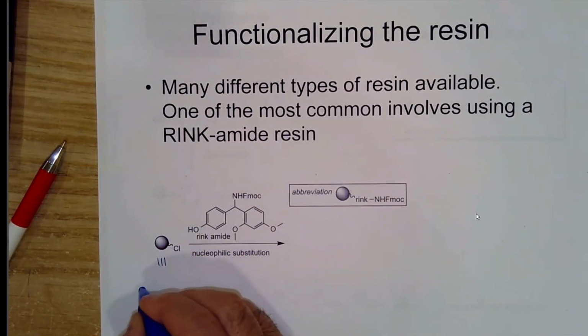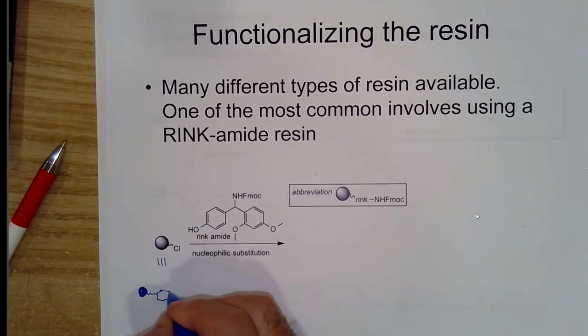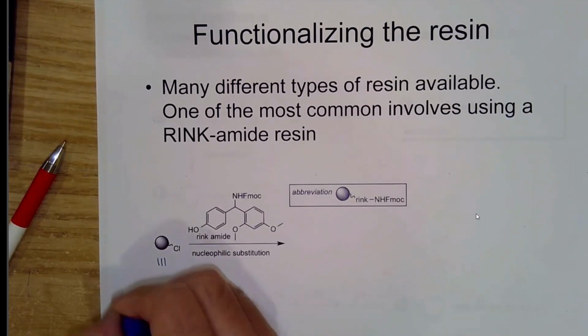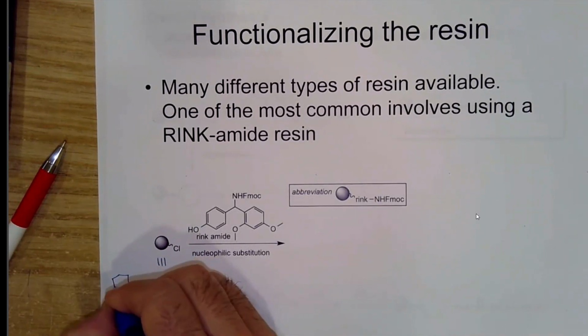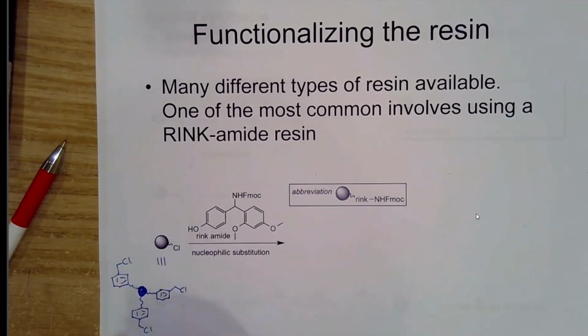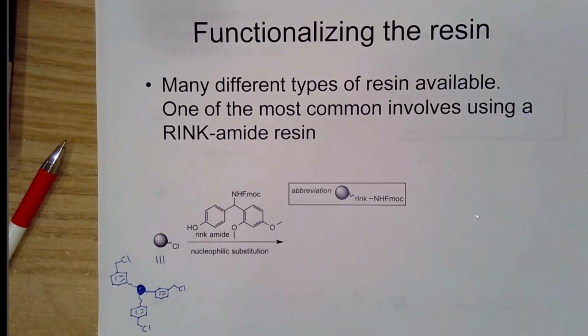You can purchase those. So here's your bead. So before we put amines attached to it, as I mentioned, you have all of these benzyl chlorine groups attached to it, right? And it's of course more than just 3 that I'm showing. It's a circular molecule with many groups.